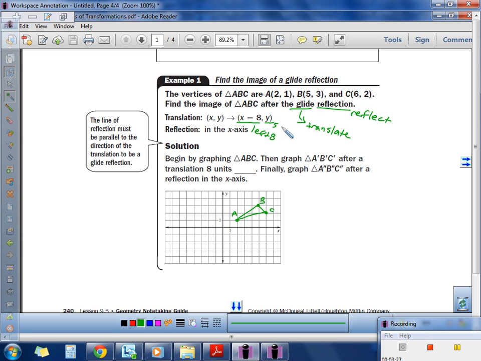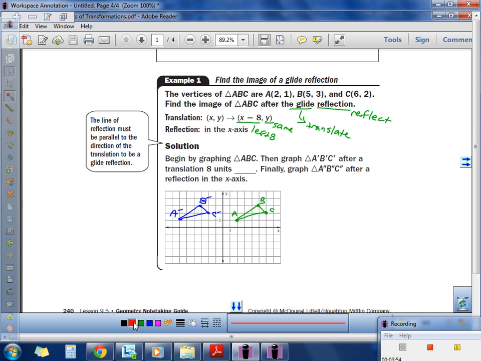Stays the same. All right. So we're just moving left 8. That's pretty easy. You just count left 8 units, plot the shape. A common mistake is to forget to label the vertices. So make sure you label it. And also don't forget, if this is your new shape, they get the prime symbols, A prime, B prime, and C prime.